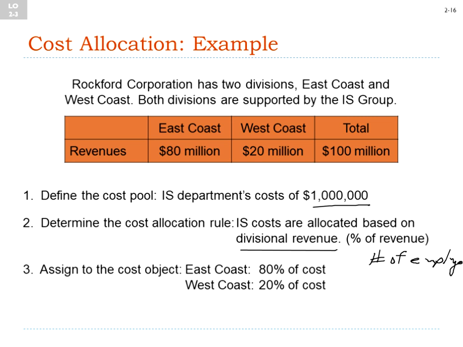So in that case, they might split it out in that manner. So maybe the East Coast has more people who use laptops than the West Coast, or vice versa. Whatever it is, there's different ways to allocate these indirect costs.